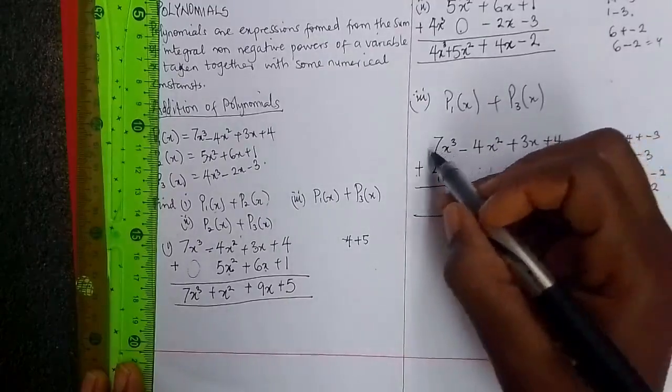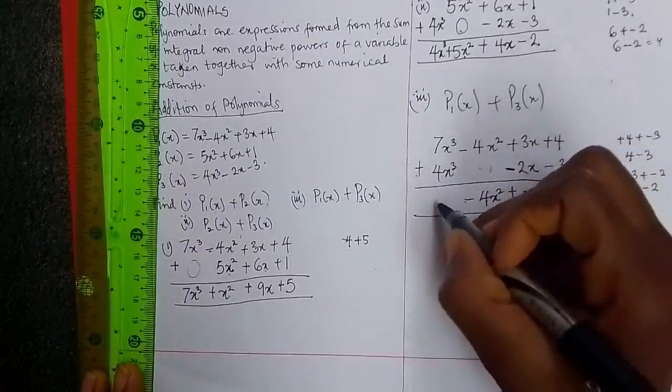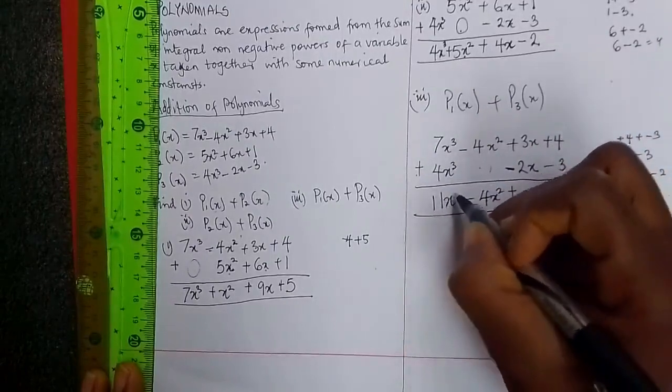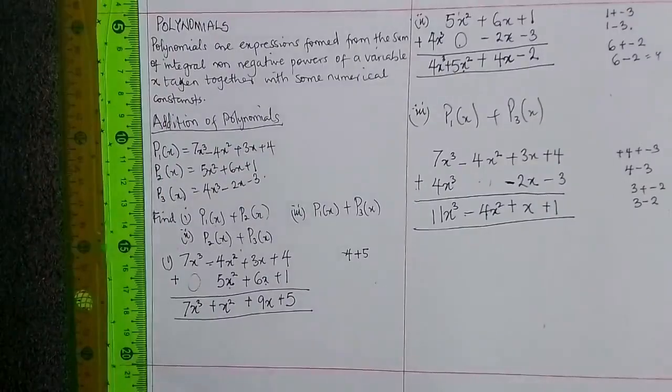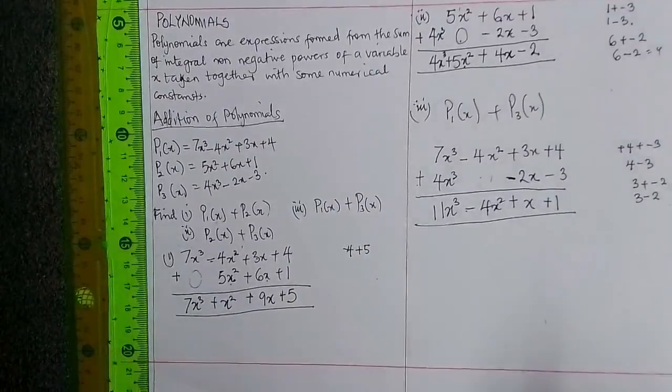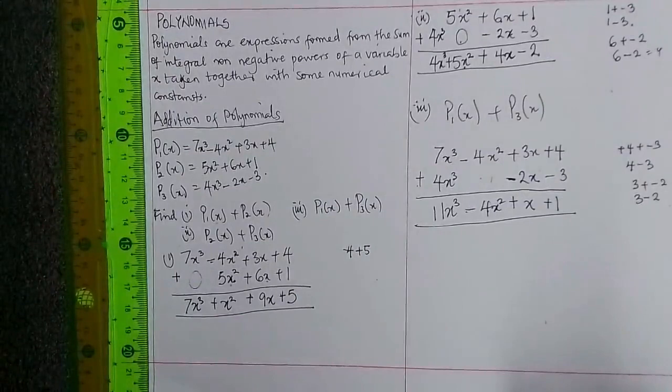Then we have 7x cubed plus 4x cubed, that's 11x cubed. So we can see how we add our polynomials. You cannot arrange the terms any how, it will give you a wrong answer. All you need to do is arrange each term according to their powers.